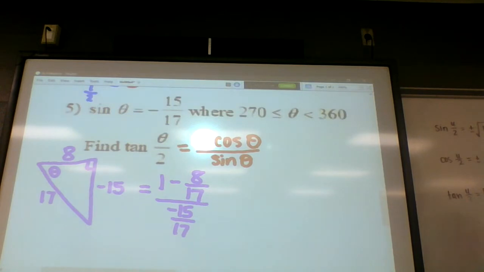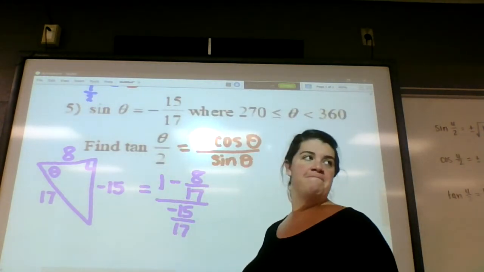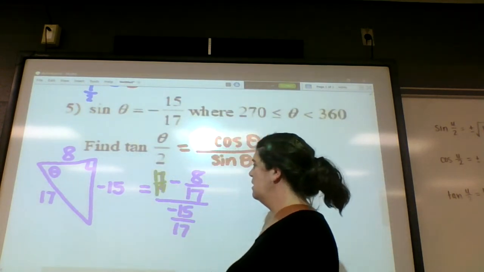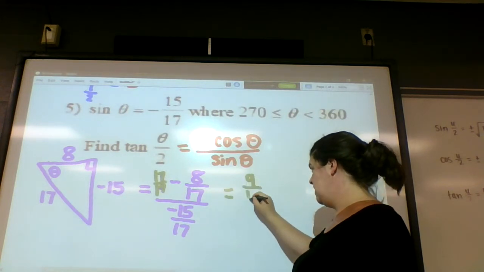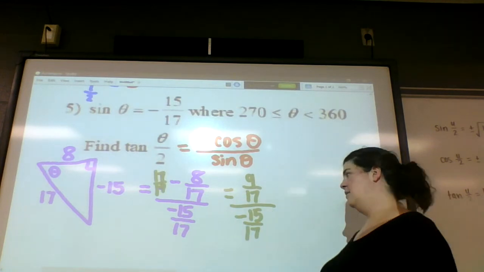We're not going to do that, though, because we're smart. But if all else fails, you could. All right, the 1, though, we can change to 17 over 17. And if you do the subtraction, you would end up with 9 over 17 over negative 15 over 17.